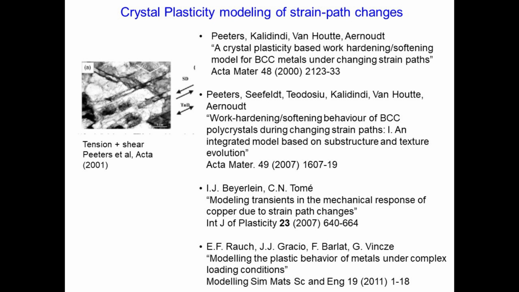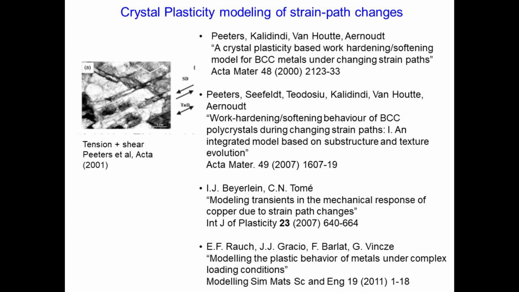That is that most models adjust parameters to monotonic tests, tension or compression. But when you change the strain path, especially with dislocation models, there are tens of dislocation models, and you can fit any of them to any set of monotonic curves. But then if you say, okay, does this model work if I stop my test and I start testing my material in another direction?